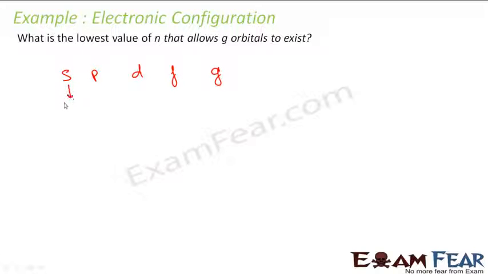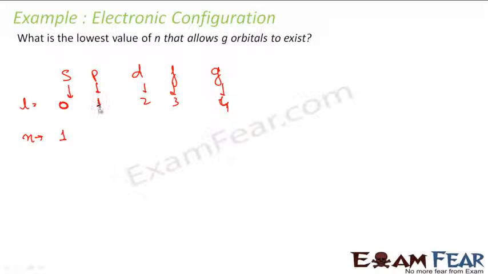For s orbital, l is nothing but 0. This is 1, 2, 3 and 4. And we know that n has to be 1 more than l, right? So for l to be 0, the minimum value of n is 1.